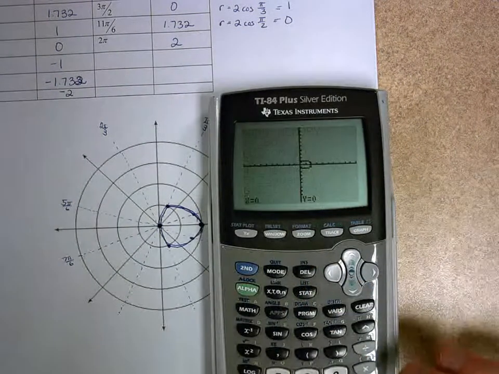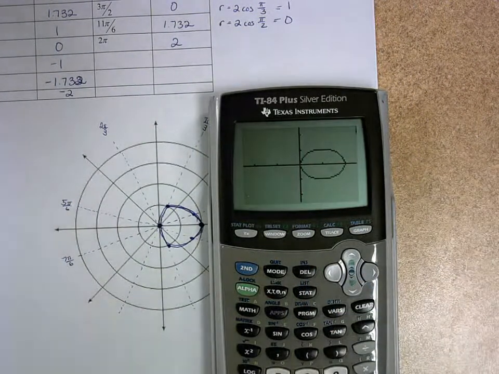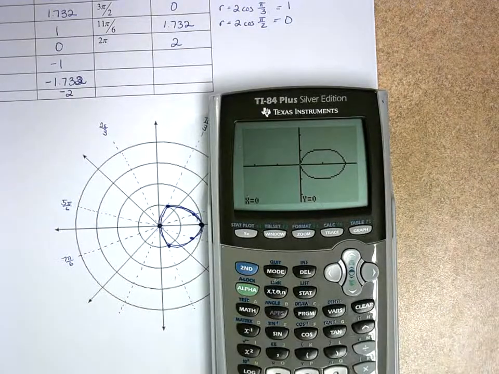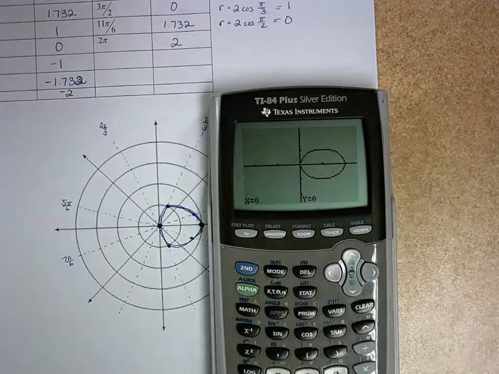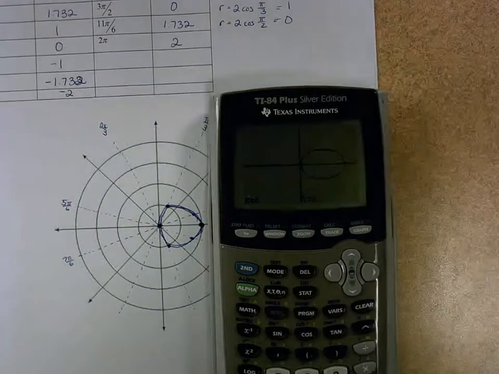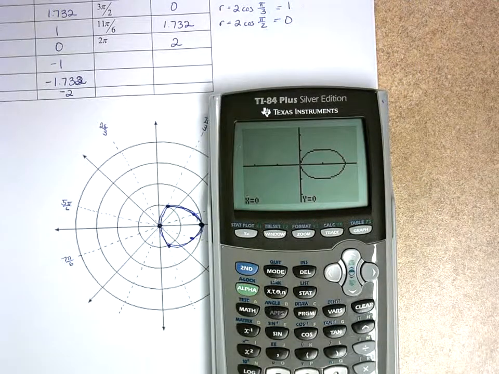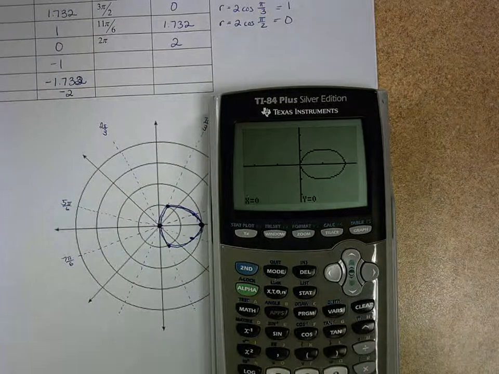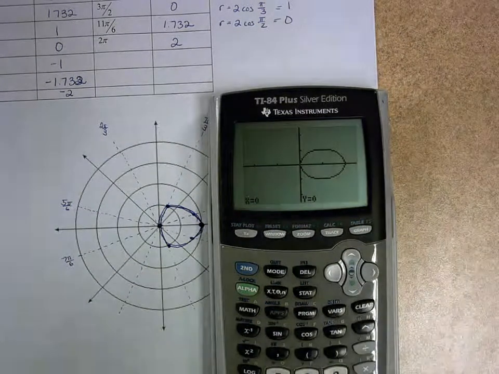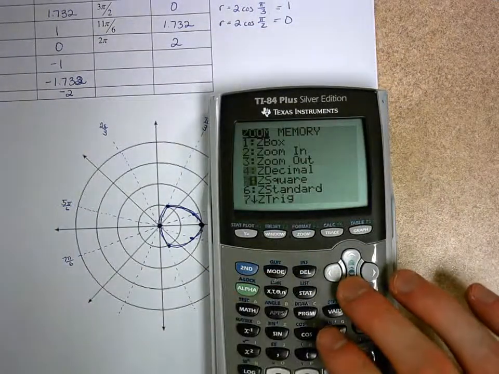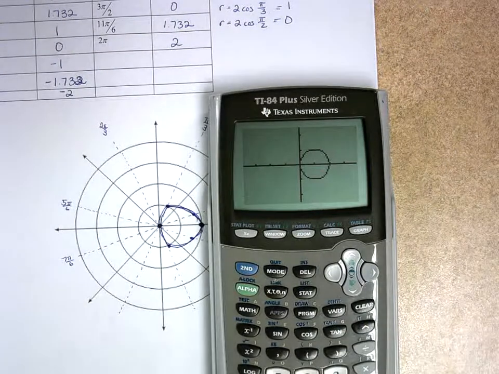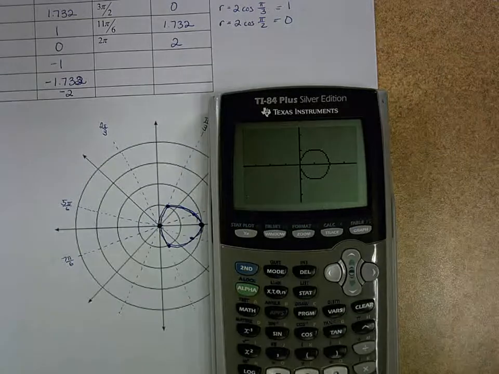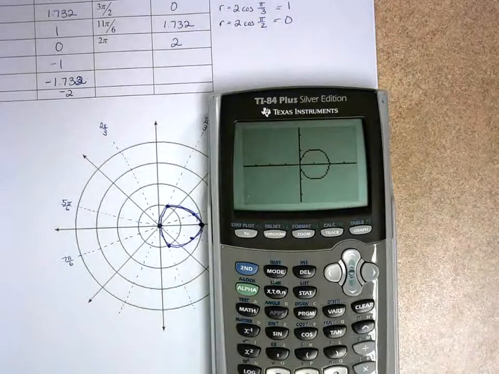I can always do a little zoom in just to confirm, and sure enough, that's what I've got, a circular shape off and to the right. Remember, this one looks a little more oval shaped because there are more x pixels than y pixels, so we get stretched in the x direction. If I want to see a more accurate picture, I could go to zoom square, and that evens out the x and y pixels, so I can see more of the circle that I was looking for.